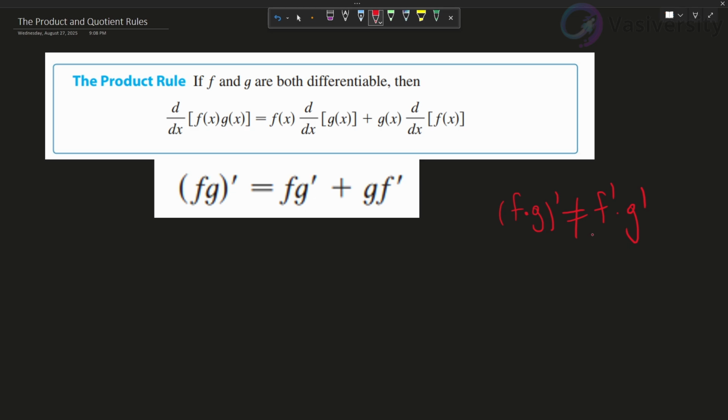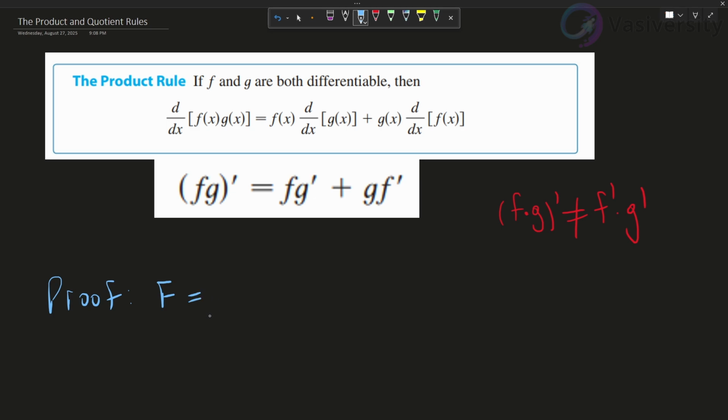Okay, so now let's go ahead and prove it, and the way we're going to prove it is the following. Say we have a capital F, and we're looking at the increments.